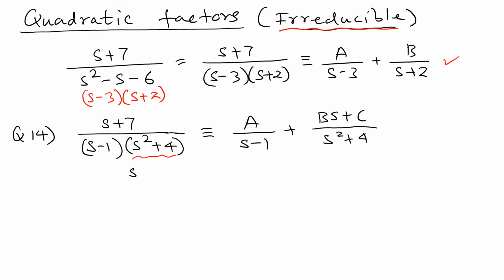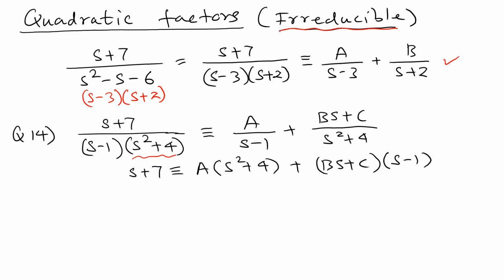We multiply both sides by the denominator, so you get s plus 7 equals A times (s squared plus 4) plus (Bs plus C) times (s minus 1). So we do the substitution and the coefficient techniques.